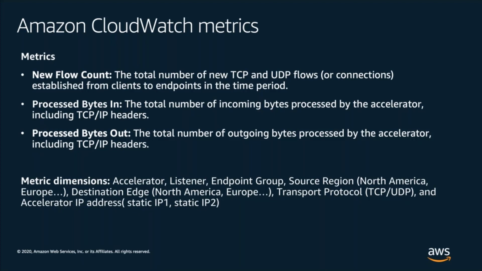And there are different dimensions that you can use to look at those metrics: per accelerator, per listener, per endpoint group, per geography, both in terms of where the AWS regions are or the destination edge, the AWS edge that the client users have been using, by protocol and by accelerator IP. These you get by default by using Global Accelerator.